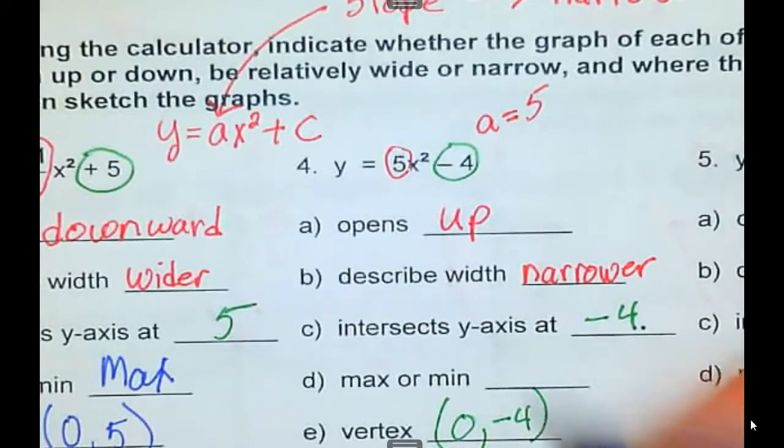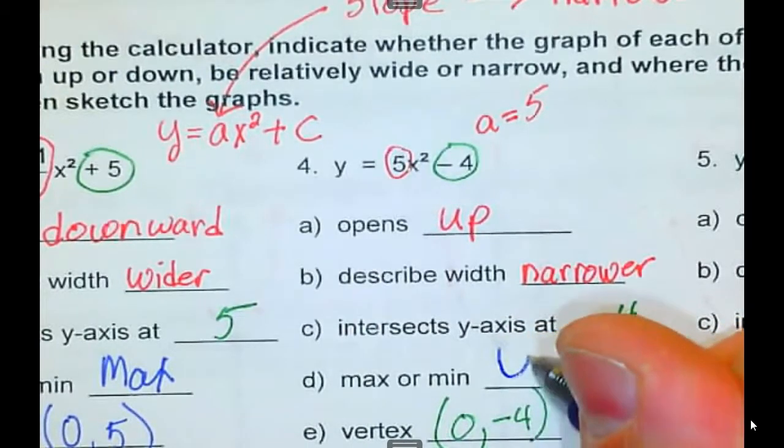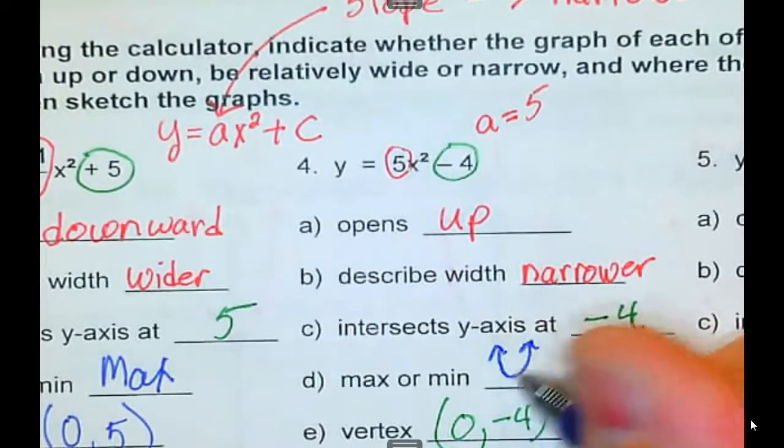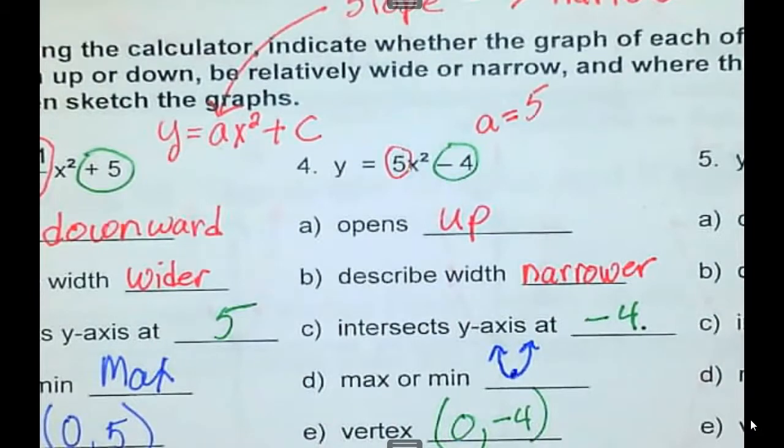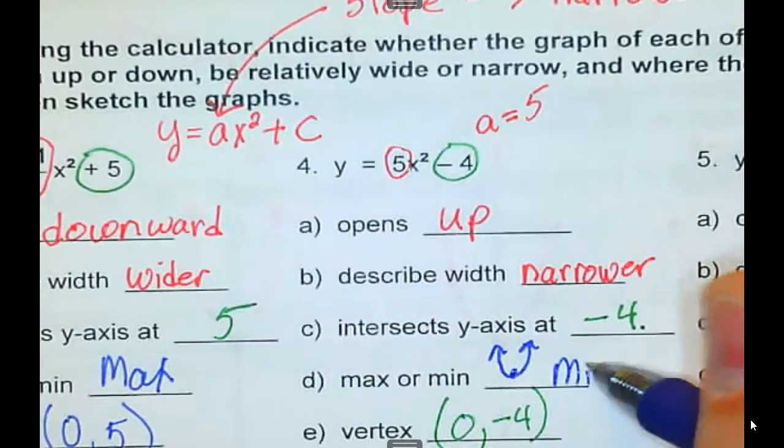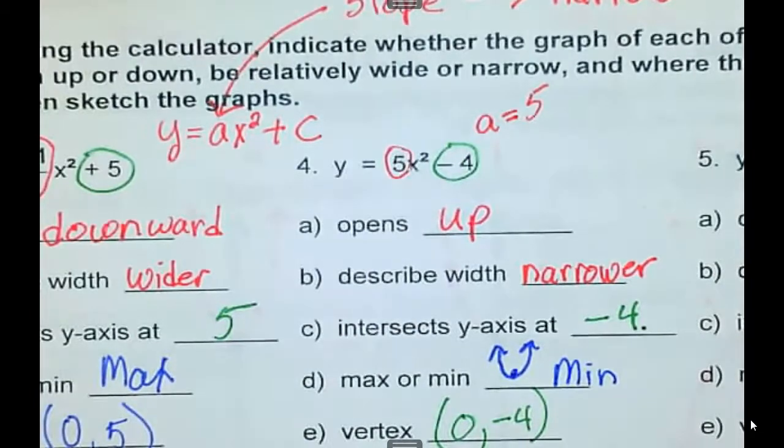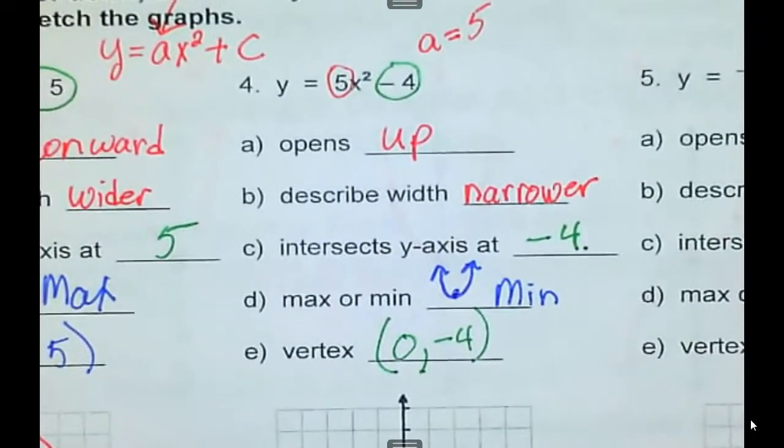If it's opening up, it's going to look like that. There's my vertex. Is that going to be a max or min? Min. See, we can answer all the questions without even graphing it. And that's what they mean about not using a calculator.